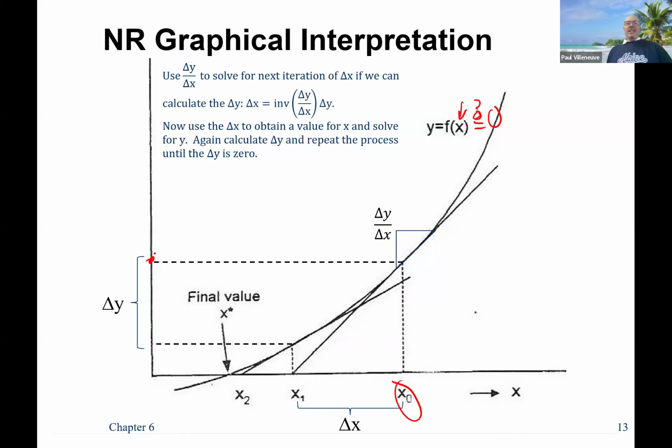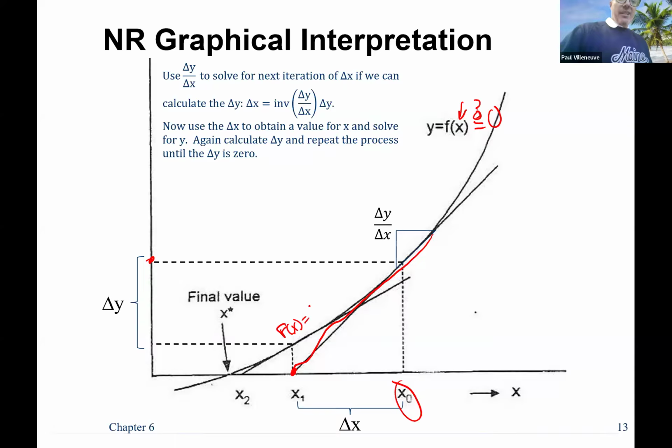Okay? So what I need to do now is take the Taylor series expansion and get this delta y, delta x. So now I can find a new input value to start. Once I have that value, I plug it into my f of x equation and check again.